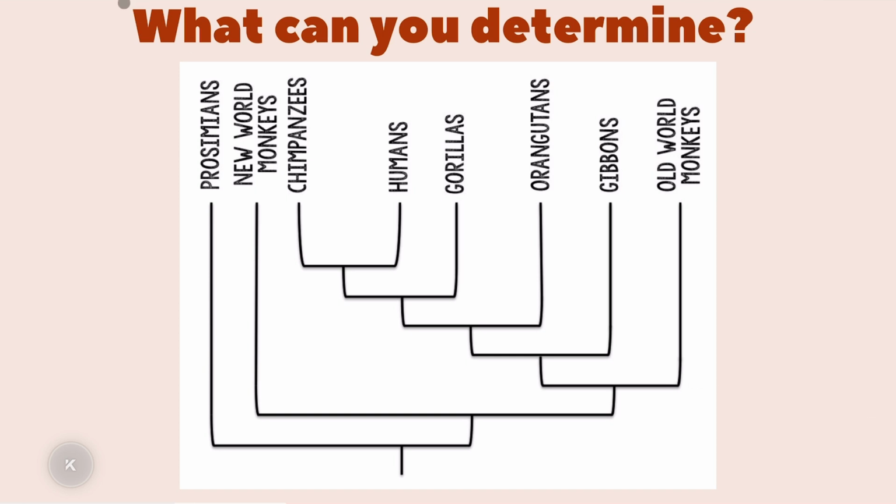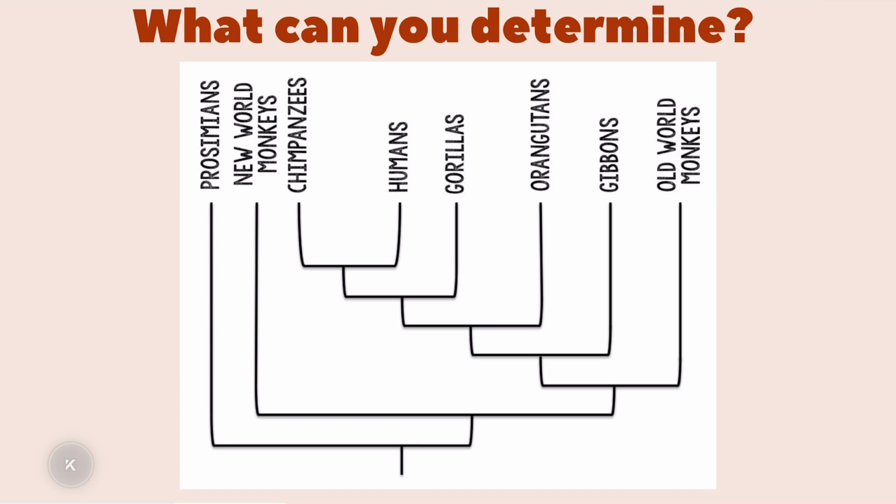So that would be the prosimians, because my first original branch point here branches off to the prosimians, and then this ancestor that we don't have a name for, but then created New World monkeys, and then this other species that we don't have a name for.